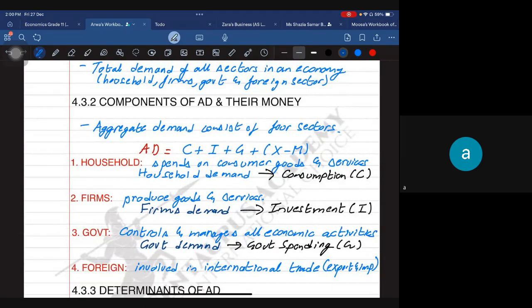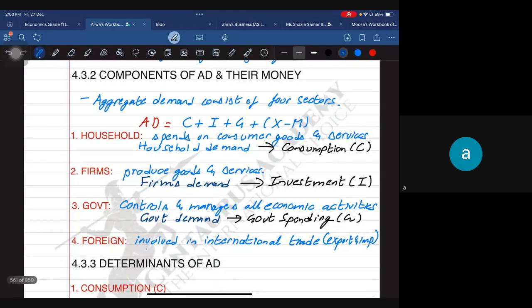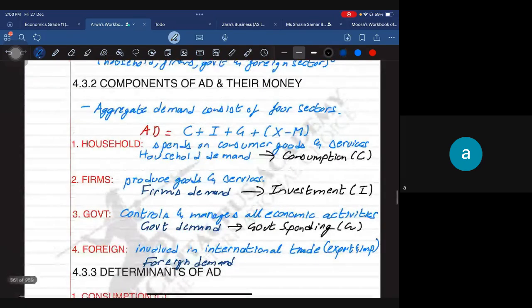So the foreign demand is derived from the net exports, which is X minus M.